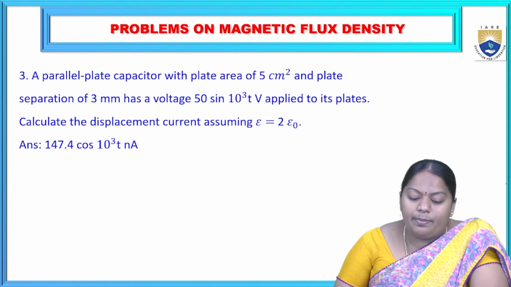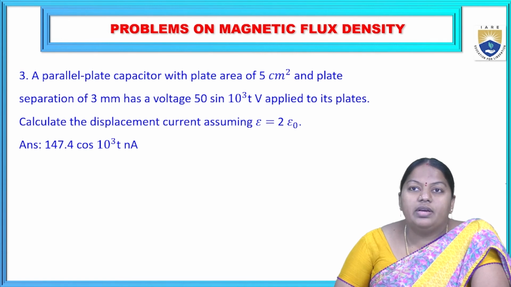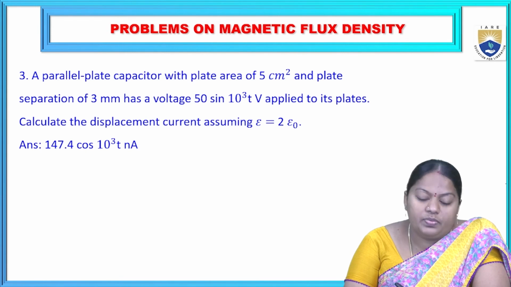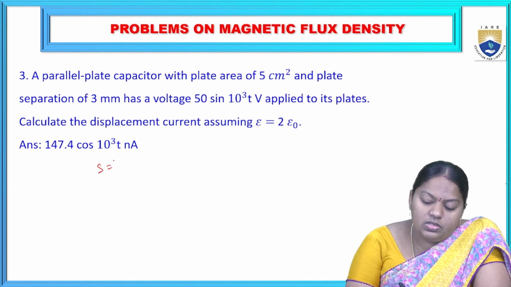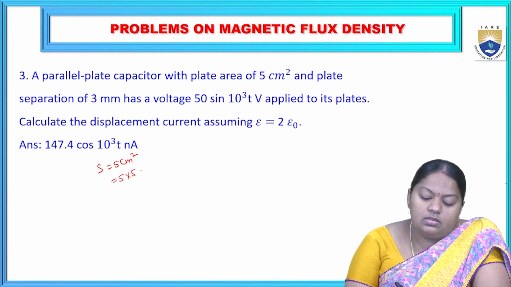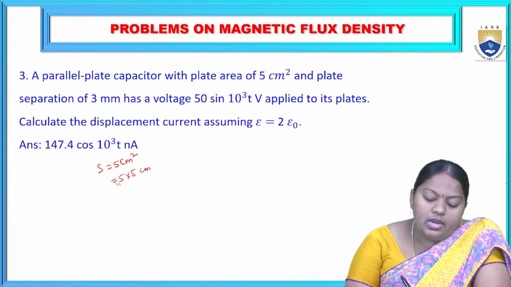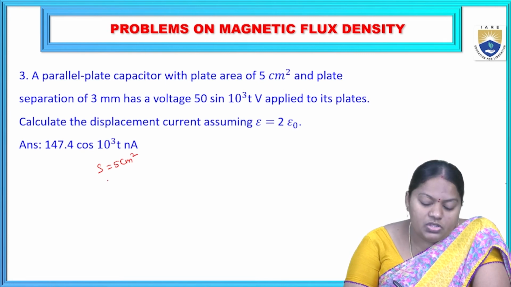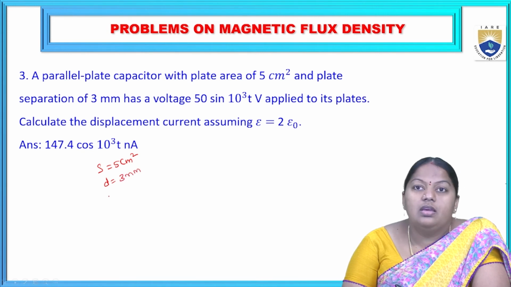A parallel plate capacitor with a plate area of 5 centimeter square and a plate separation of 3 mm. The plate area means the S value is given, that is 5 centimeter square, and the plate separation, represented by d, is given as 3 mm.